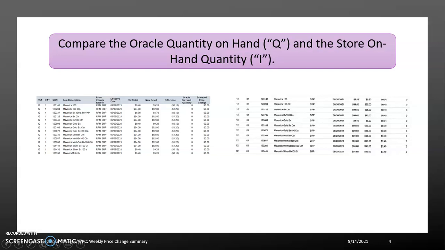This is the WPC from Seven Reports, and this is the Weekly Price Change Summary from your ISP. In this column, you have the Oracle on-hand quantity, or Q, and in this column, you have the store on-hand quantity, or I. The Q and the I are what we're going to be looking at.